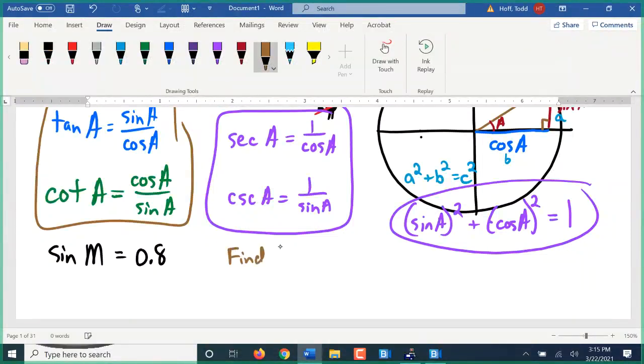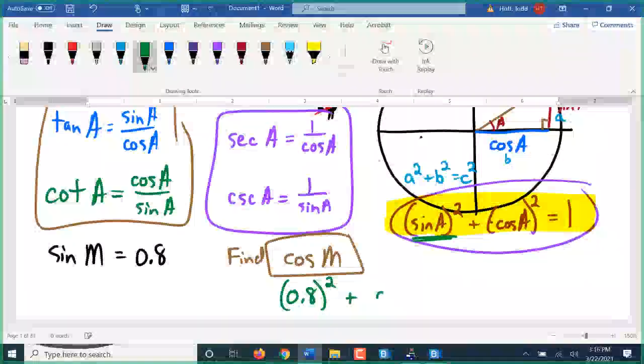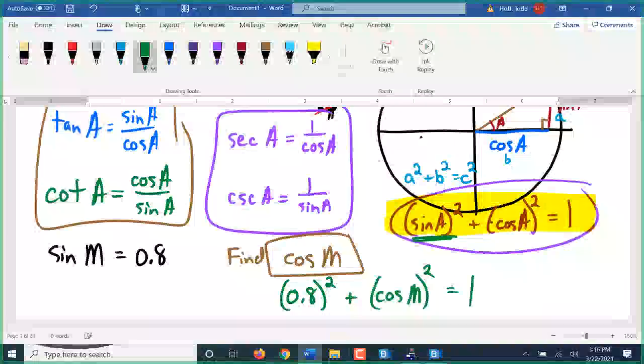If I ask you to find the cosine of angle M, use this right here. Sine of angle M is 0.8. It's going to be that squared, right? Plus the cosine, which is what we're trying to find, that squared, equals 1.